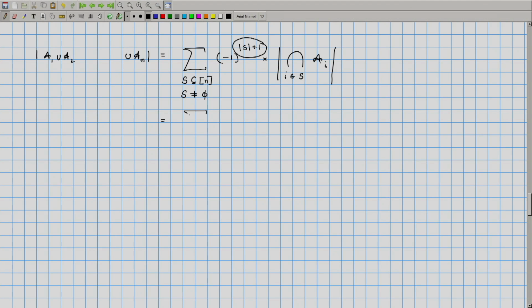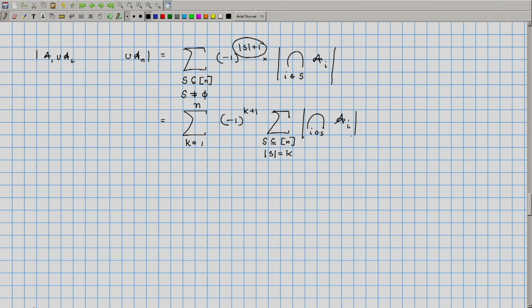When we do that, this term, size of S plus 1, basically becomes a fixed quantity. So this would be the sum over k going from 1 to n, where k is the size of the set, of minus 1 raised to k plus 1, and then summation again over all subsets of n, but now with an additional constraint that size of S is equal to k, of the size of the intersection over i belonging to S of A_i.